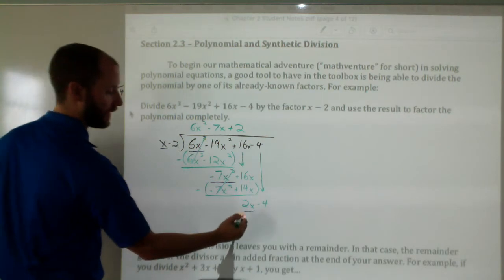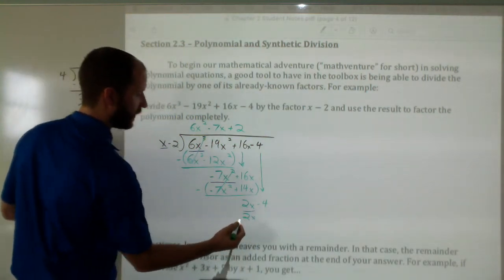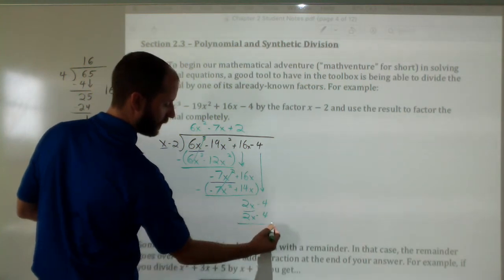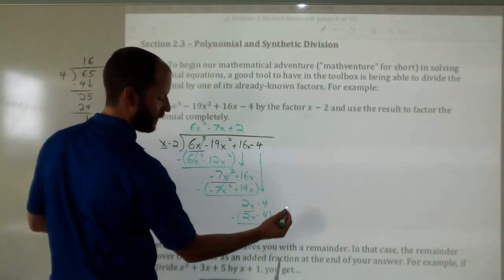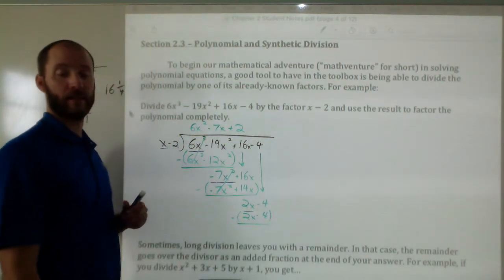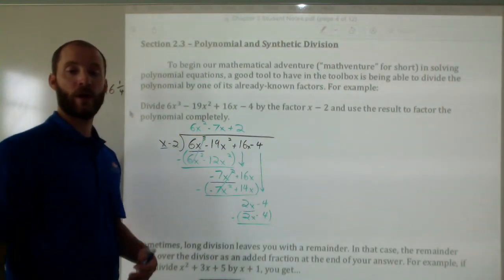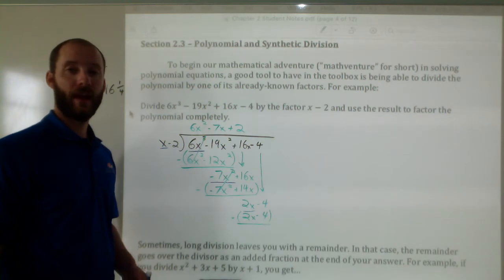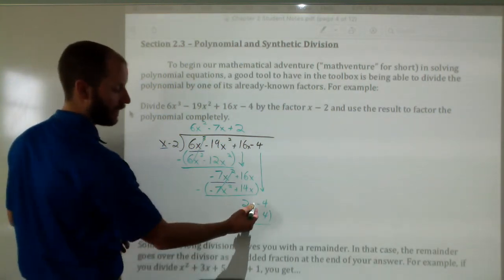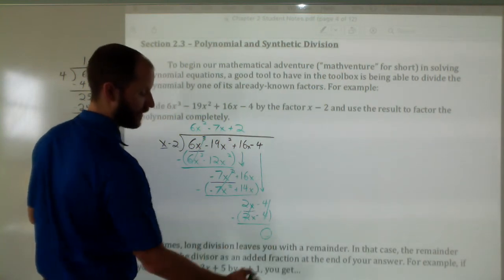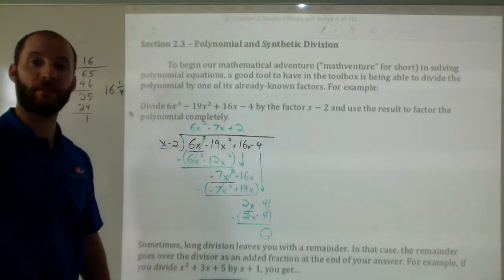So 2 times x is 2x, 2 times negative 2 is negative 4. And oh my goodness, what we wanted to happen, happened. Everything cancels out. We have nothing left over, and we are very happy.